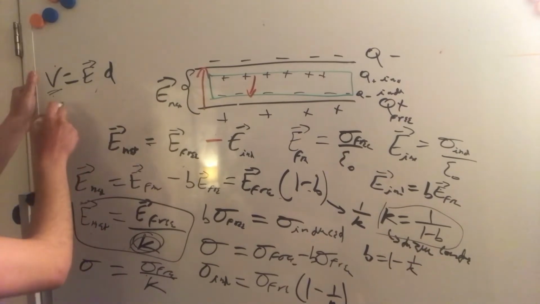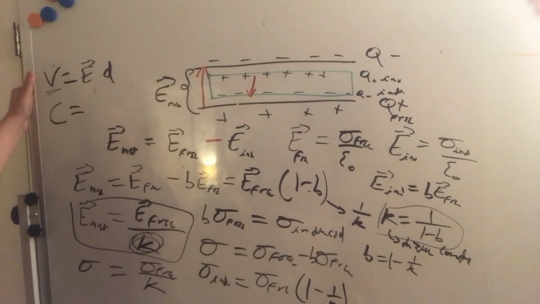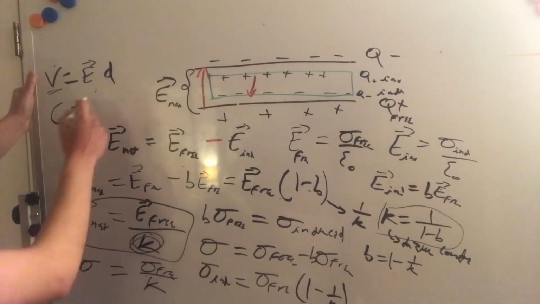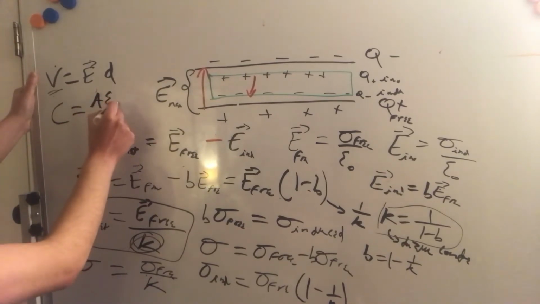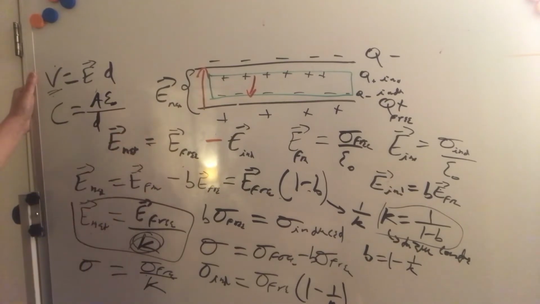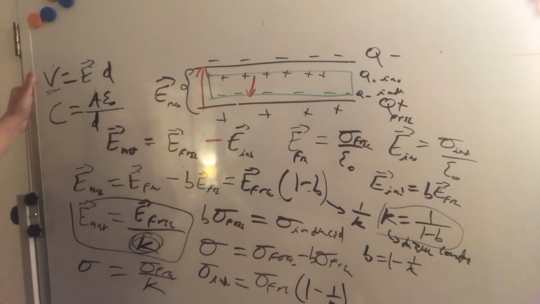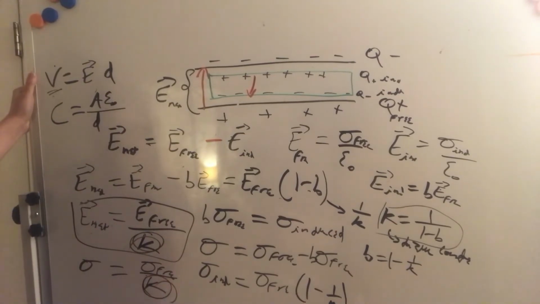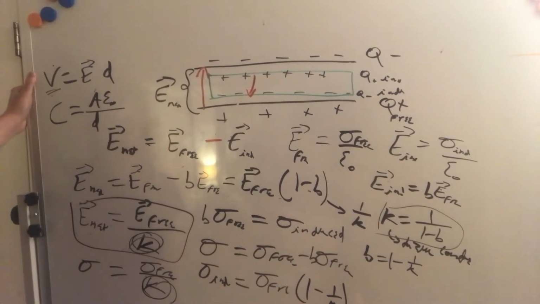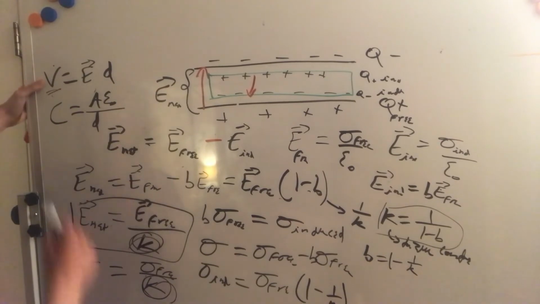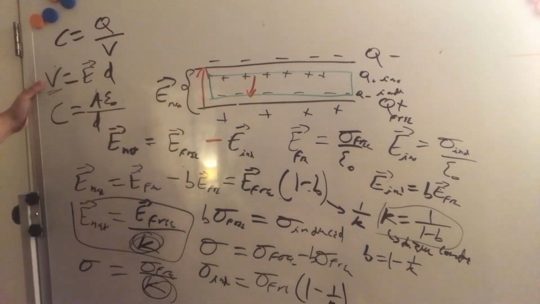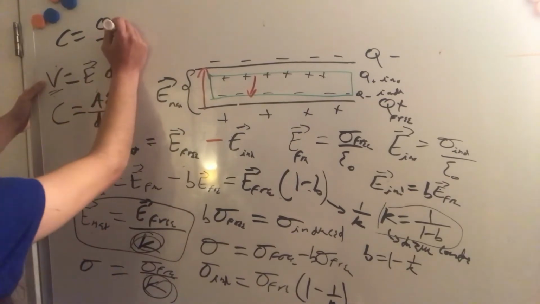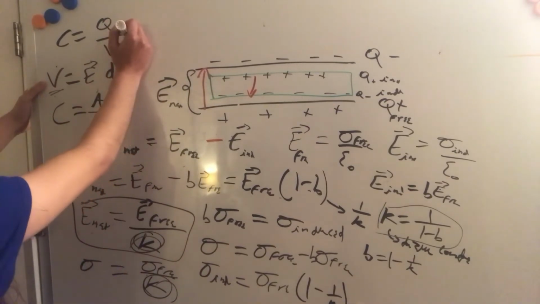Next, capacitance. The capacitance is area times epsilon naught divided by distance. Here we will have an increase in capacitance by a factor of K, because the capacitance is Q divided by voltage. Here we are talking about Q free.